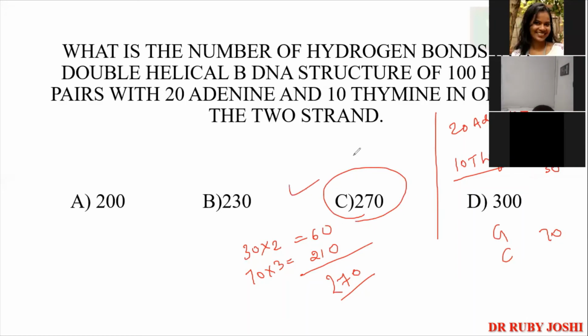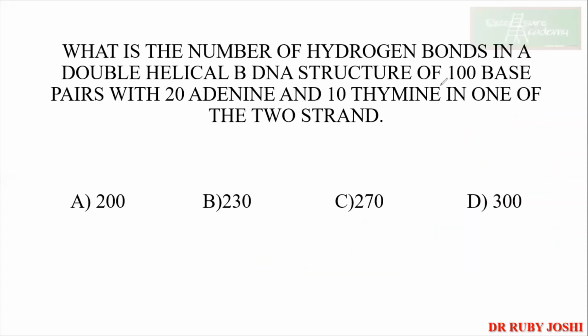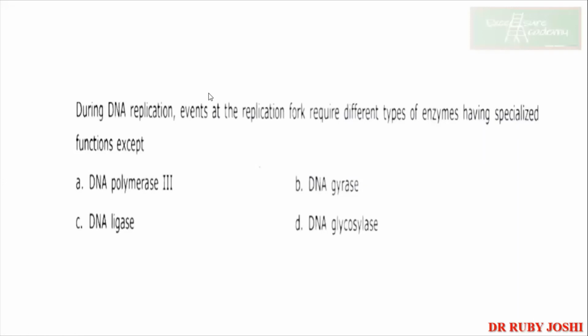Good. So the correct answer is C. I hope now everyone got the idea. If such questions come, you are able to calculate the hydrogen bonds, right? Yes, ma'am. I hope you all got the confidence in doing this. Whether it is a percentage or any number, this is how you should do it. Good. So the correct answer is 270. Next question.